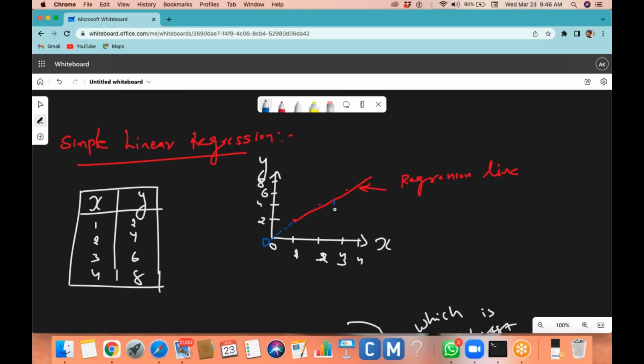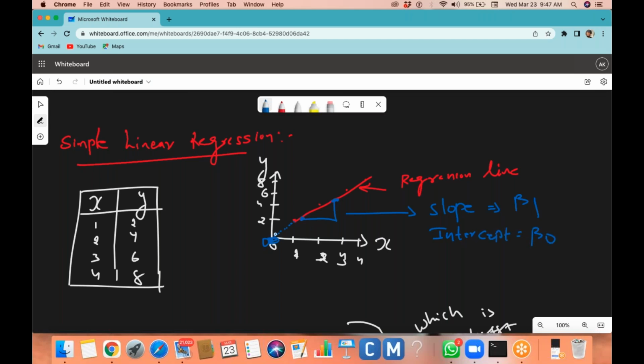You can take any 2 points and find the change, the slope. See, this is the slope, you can say that it's b1, and this is the intercept. The intercept we are calling b naught.